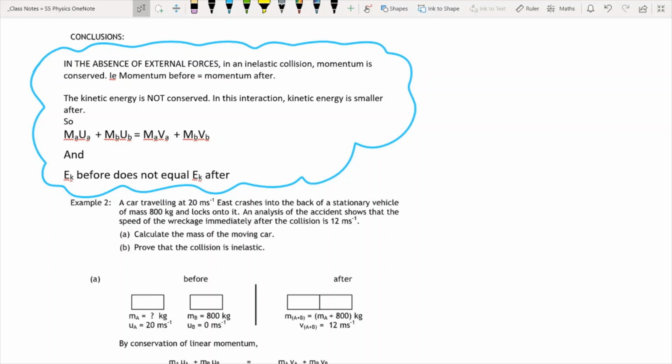Once you've written it, you can just have a read through the next question.